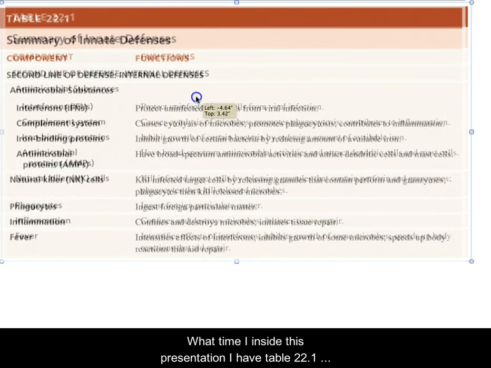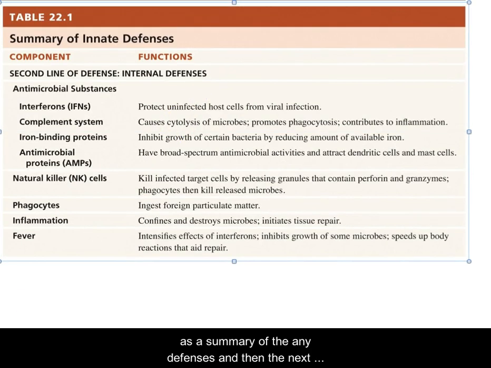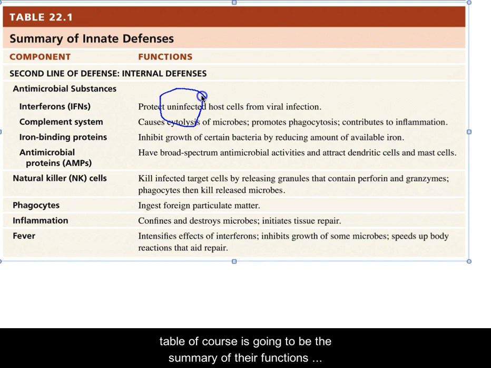They're trying to pay attention to uninfected host cells. Likewise, natural killer cells release granules that contain specific enzymes that kill cells because they're improperly making materials inside the cell.